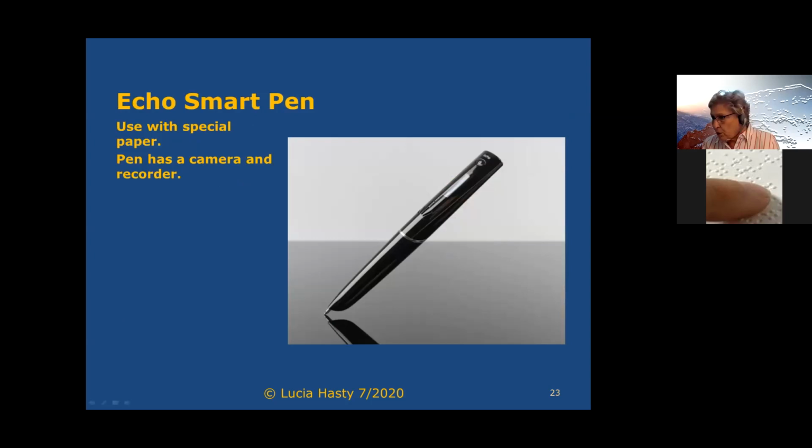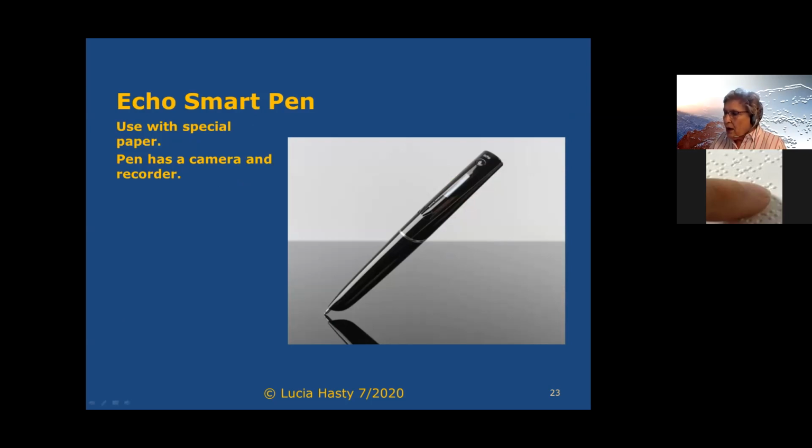This is an Echo Smart Pen. You can buy one of those, not necessarily programmed to deal with the map. It's great for older kids. There is a pen, and there's a camera in the very end of the pen, in that little nib, and there is also a little recorder in it.